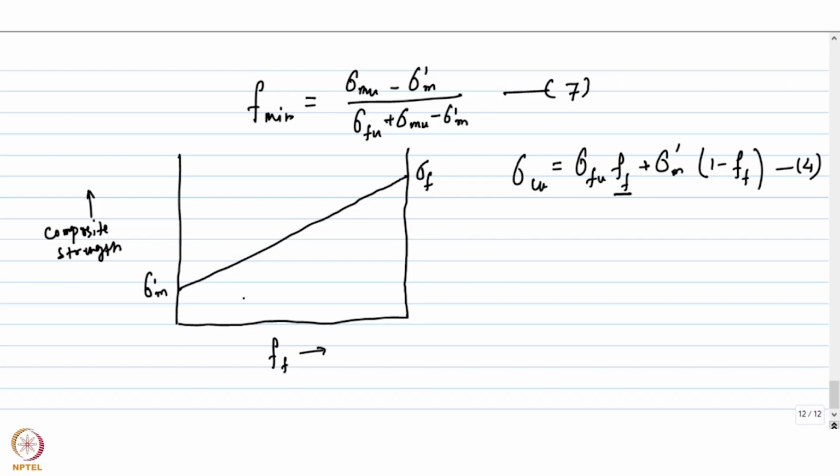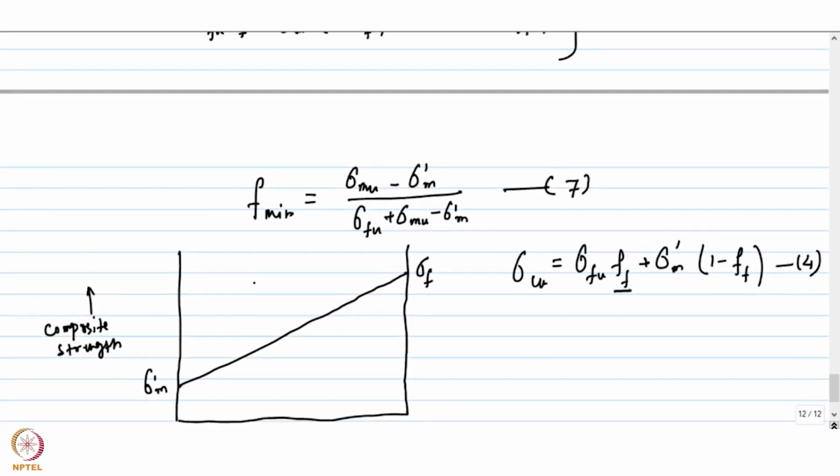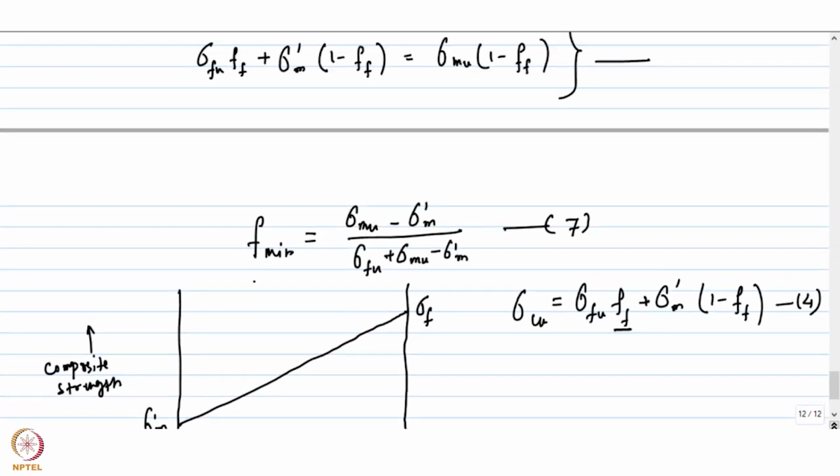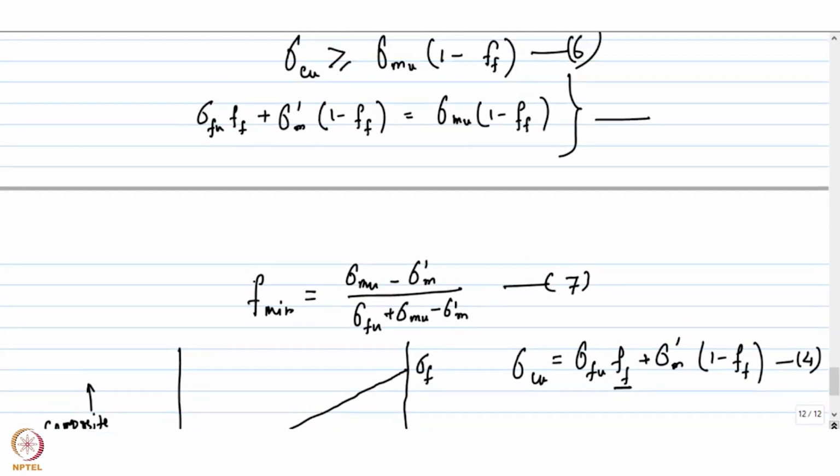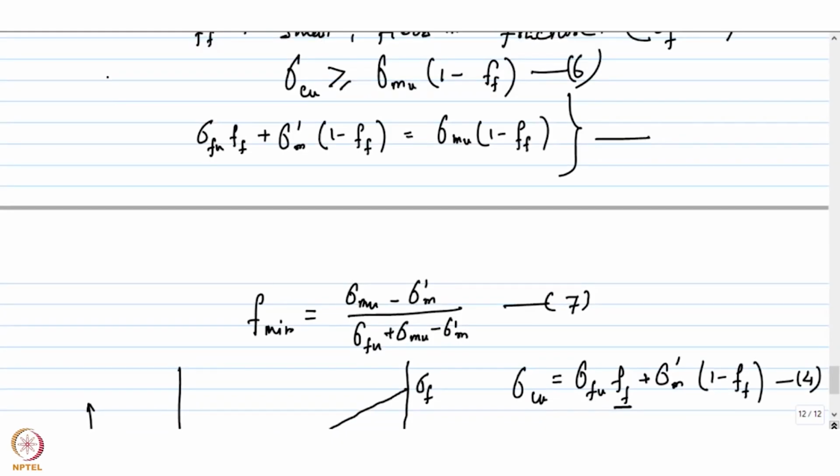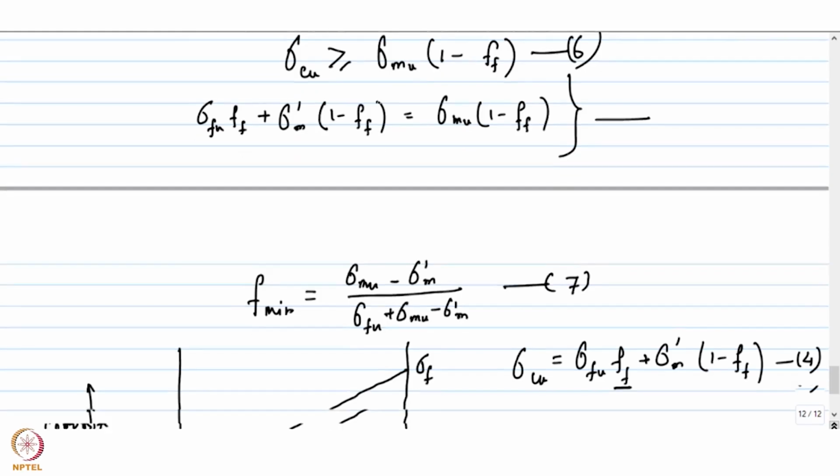And if you plot this equation here, then you will get the F minimum from the intersection of these two lines. Okay. So this equation will also give you a straight line, equation 6.